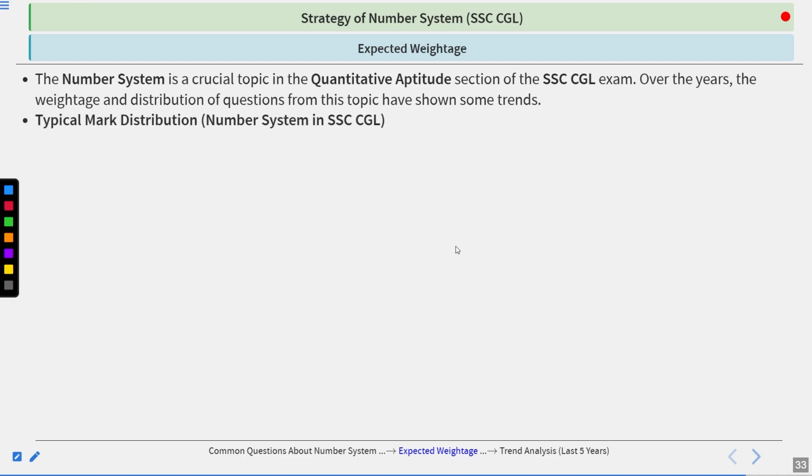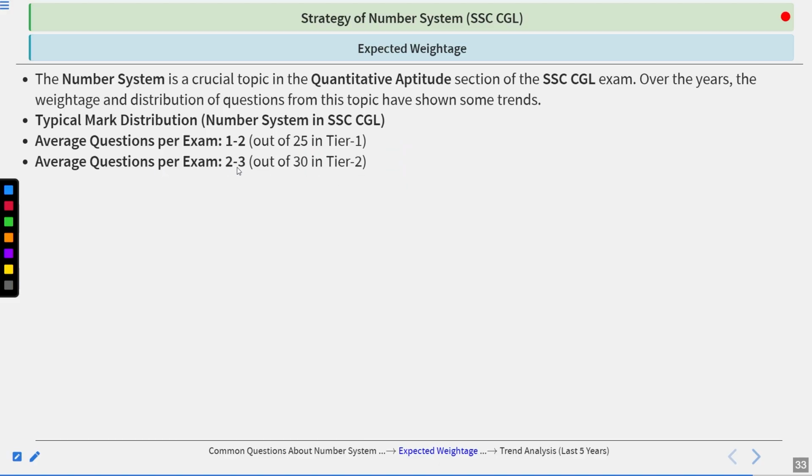Now, the typical mark distribution of number system in SSC CGL exams. The average questions per exam asked in SSC CGL is 1 to 2 out of 25 questions in Tier 1, and the average in the Mains Tier 2 exam out of 30 is 2 to 3 questions.